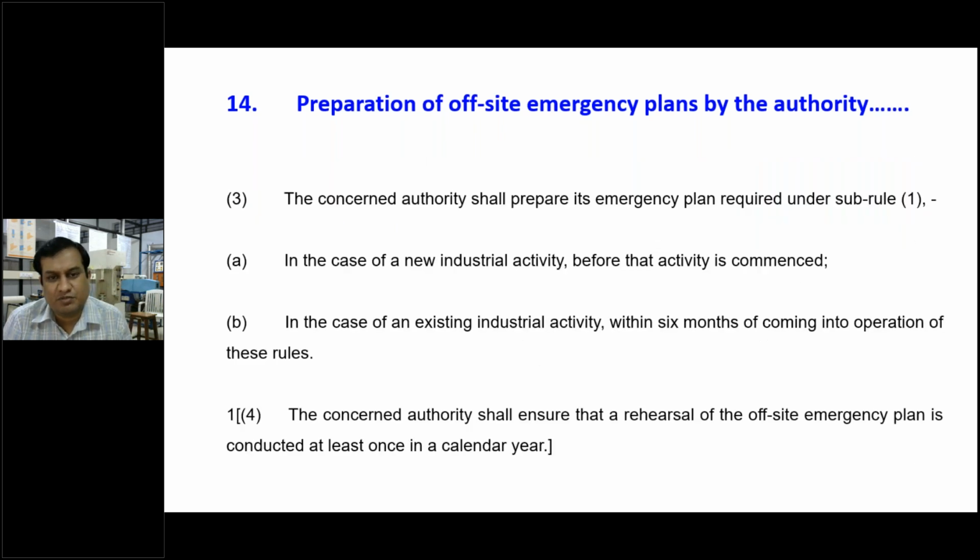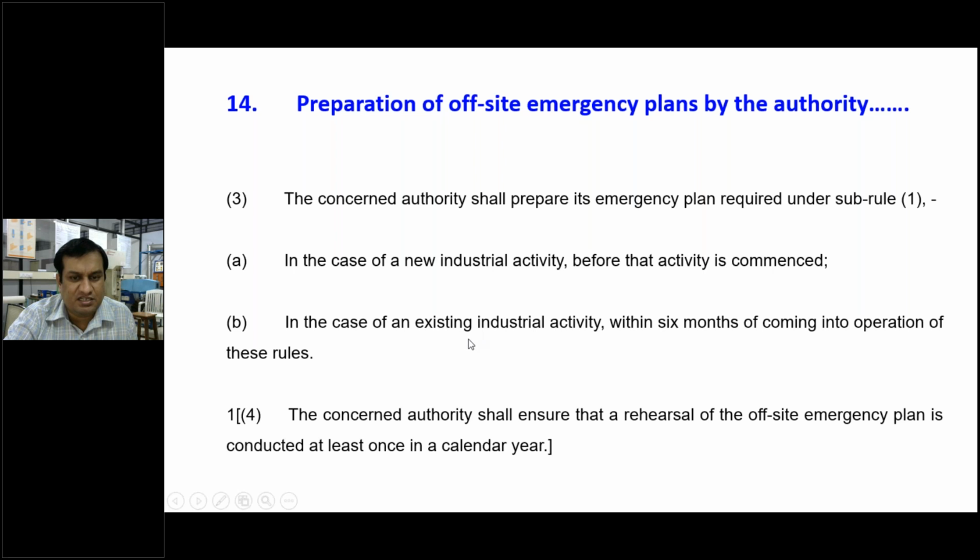The concerned authority shall prepare its emergency plan required under sub-rule 1 in the case of a new industrial activity. It is applicable in the same way as in the on-site emergency plan. If you are going to add some activity or modify an industrial activity, then you have to prepare an off-site emergency plan in a new manner because the activity has changed.